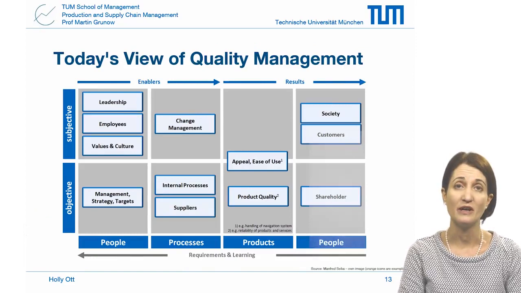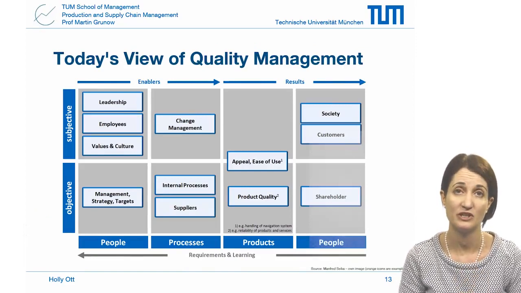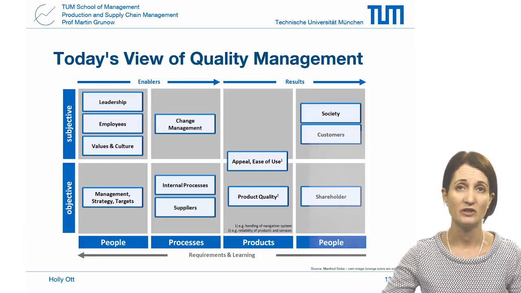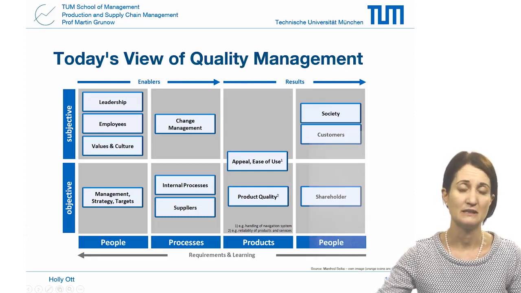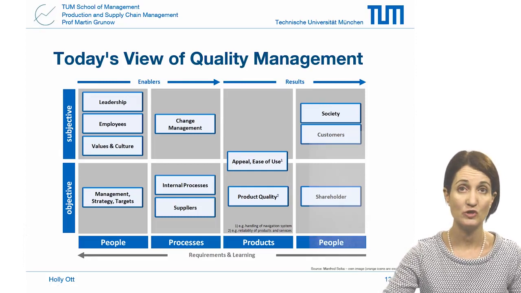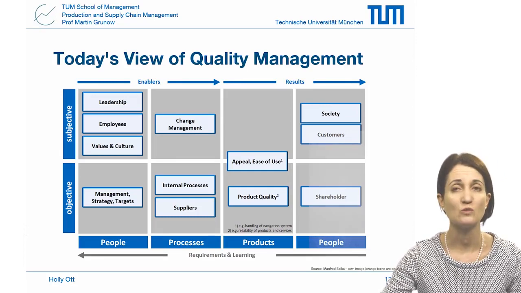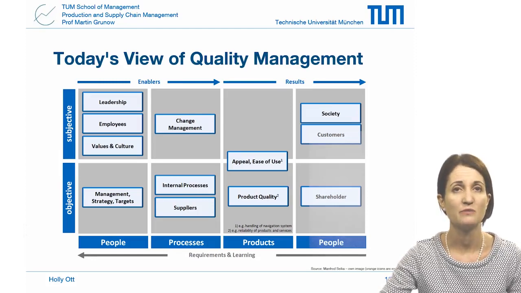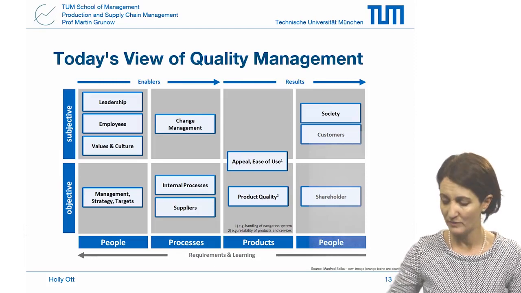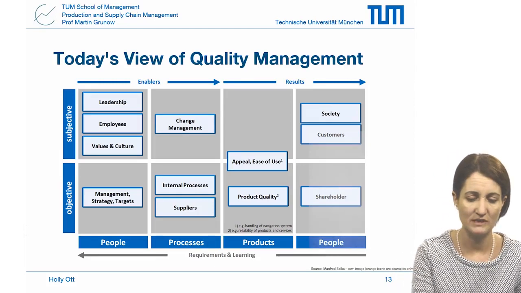So here we have an excerpt from a presentation given by Dr. Manfred Saika, who's here in Munich, and he sometimes gives this to the TUM students. He's worked many, many years in quality management in the automobile industry. And he shows quality management as a set of enablers and results.